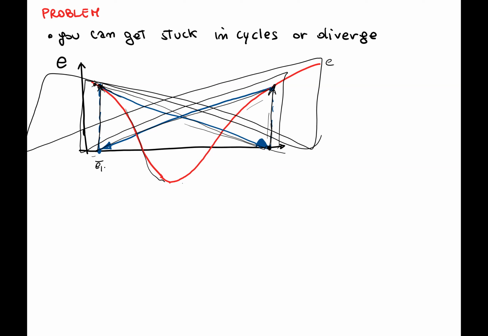This is our initial guess, and this is delta Q. We should take a delta Q maybe smaller, like this, for example. This way, we know that the error function is decreasing locally if we don't move too far, right?